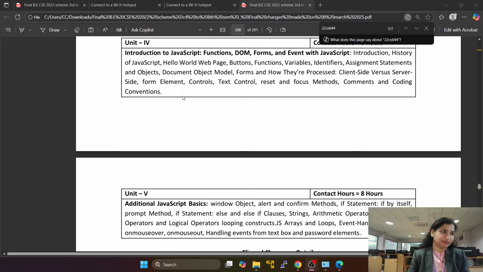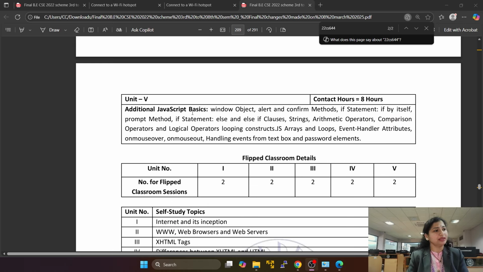Please make a note: JavaScript is completely different from the Java programming language. We will be studying why it is different and why it is called JavaScript. JavaScript is a scripting language, actually, not a programming language.